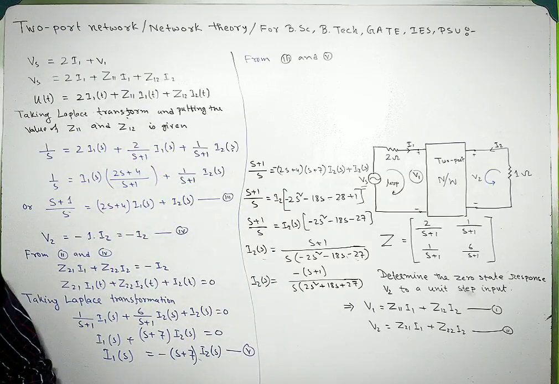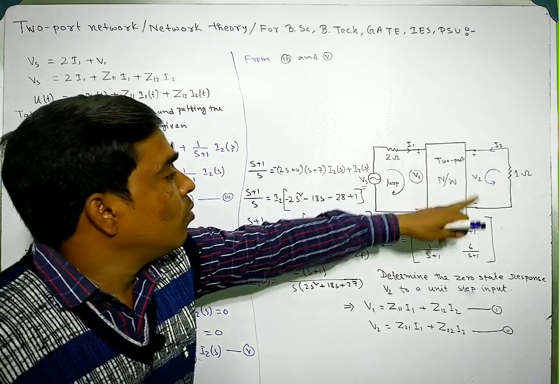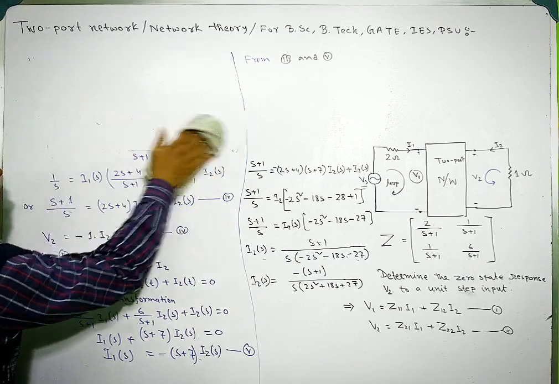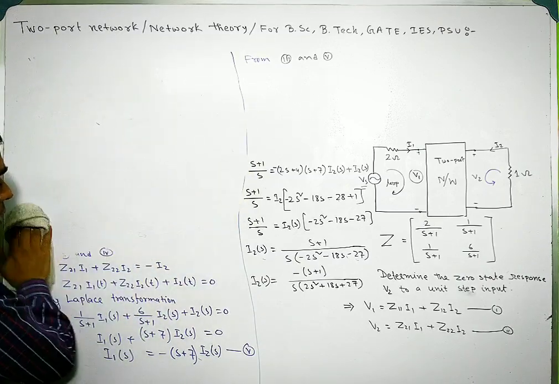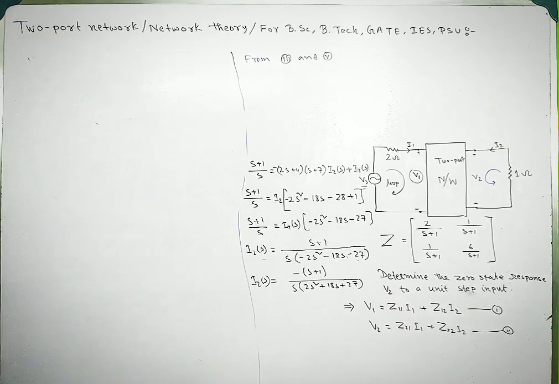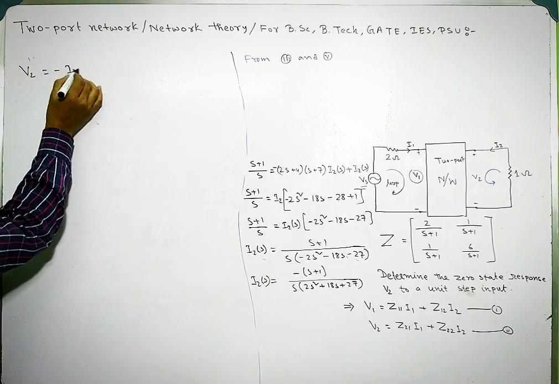Now we have to calculate V2. V2 is given by minus I2.